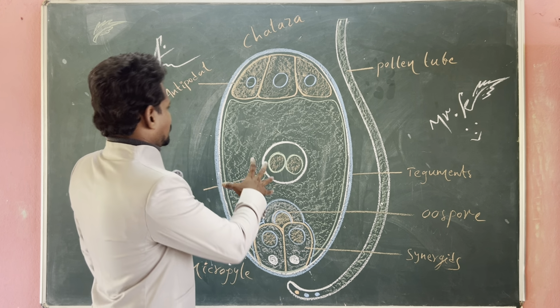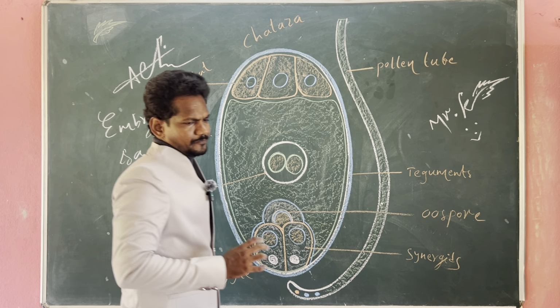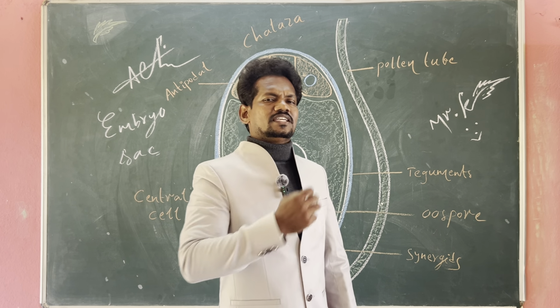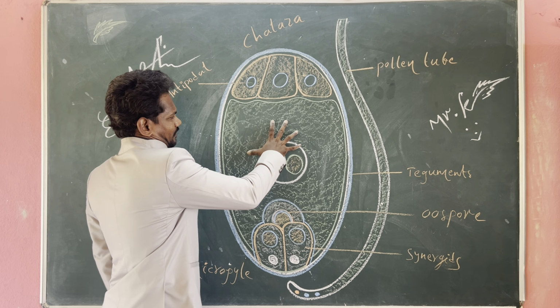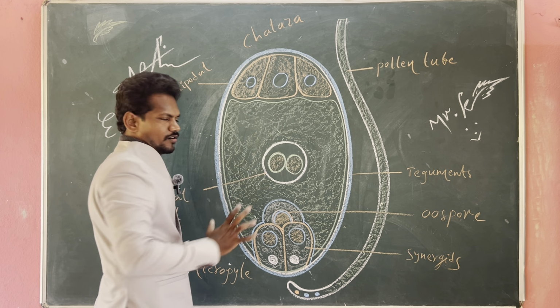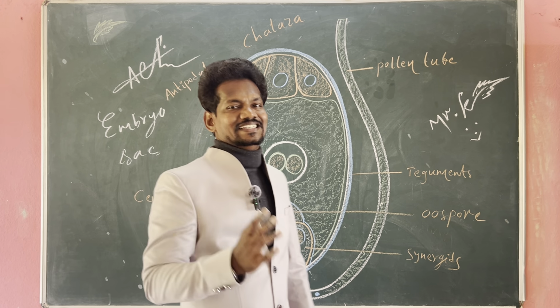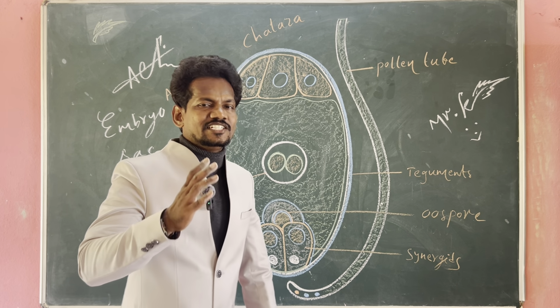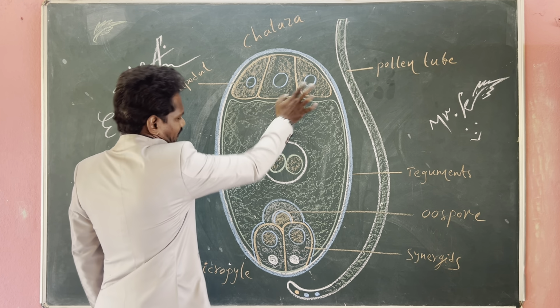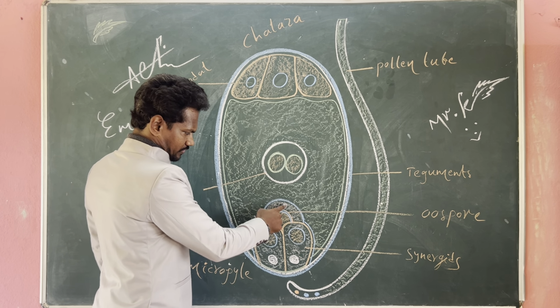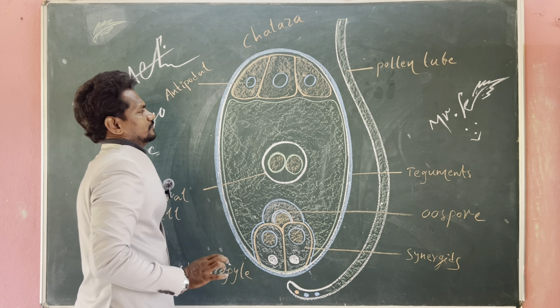Here, in each ovule, the embryo sac is located. The embryo sac is made up of 7 cells and 8 nuclei. Let's see: 1, 2, 3, 4, 5, 6, 7.